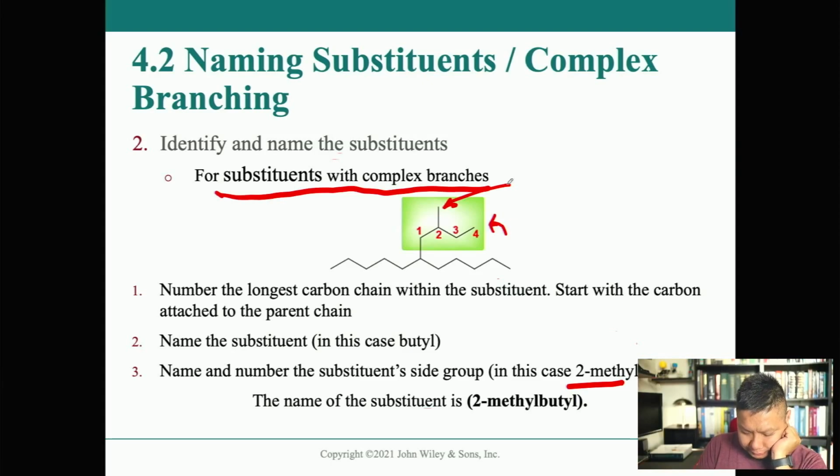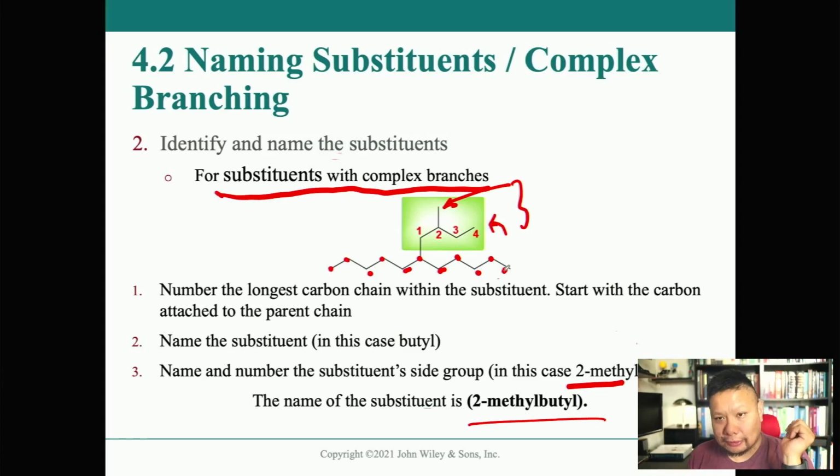The branching substituent here, just that part alone, is the 2-methylbutyl part. Then we still have the 1, 2, 3, 4, 5, 6, 7, 8, 9, 10, 11 carbons. It's going to be symmetrical on both sides, which means it doesn't matter which side we start numbering the carbons from.